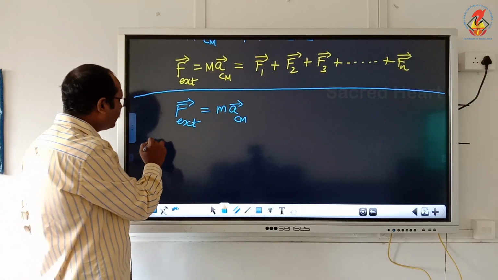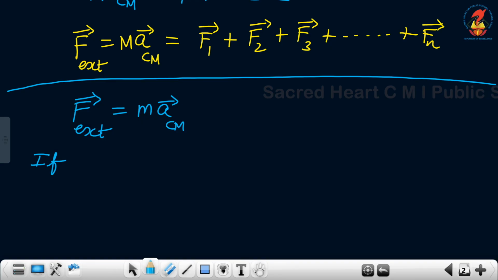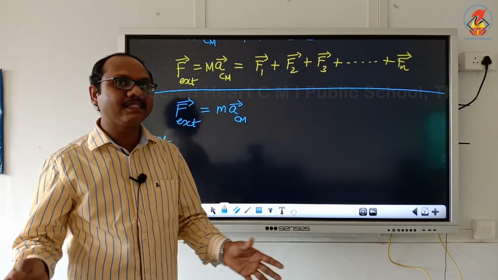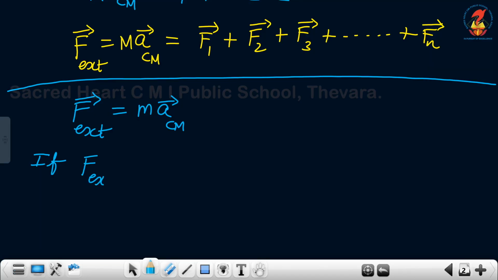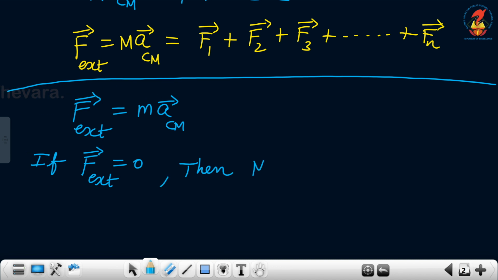Now imagine if the external force acting on the body is 0. Imagine F external equal to 0. External force is 0. Then M into ACM is equal to 0.